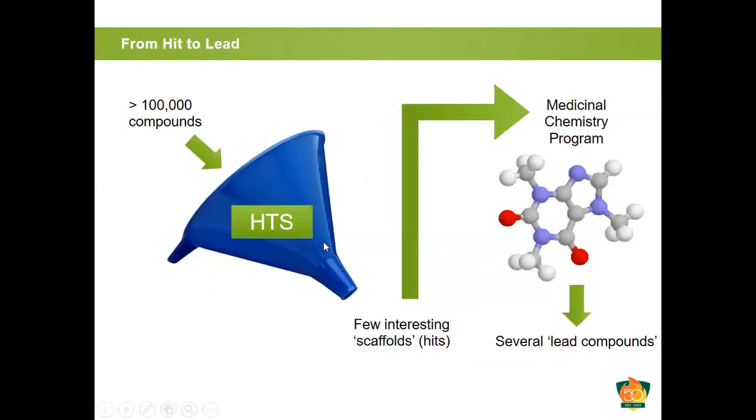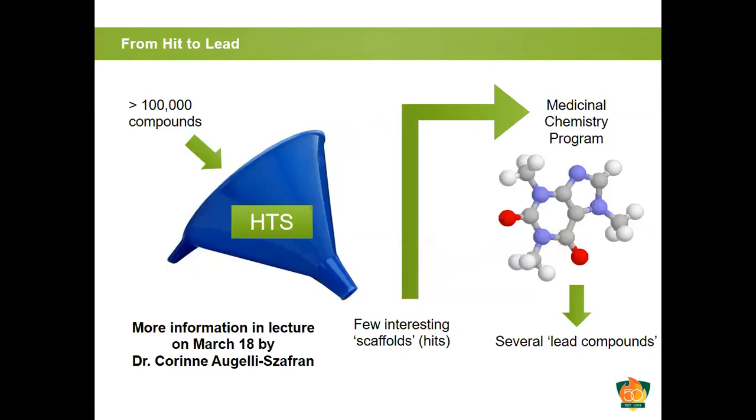But lead generation, this is where medicinal chemistry comes in. So high throughput screening you can really see as a funnel. You then end up with a few interesting hits or scaffolds, and now you need to start a medicinal chemistry program to ultimately result in what we call lead compounds. Lead compounds have a profile that would allow testing in animal models, maybe toxicology testing, things like that.